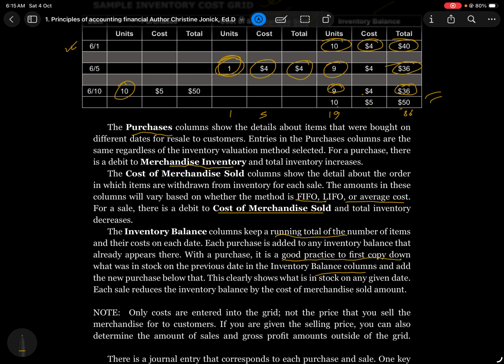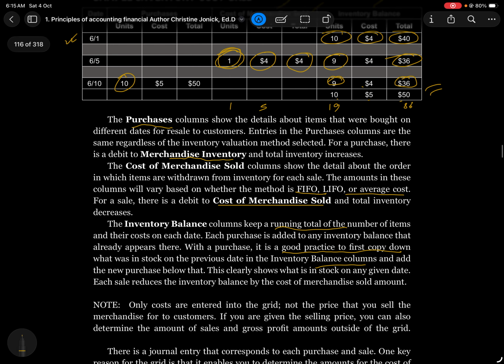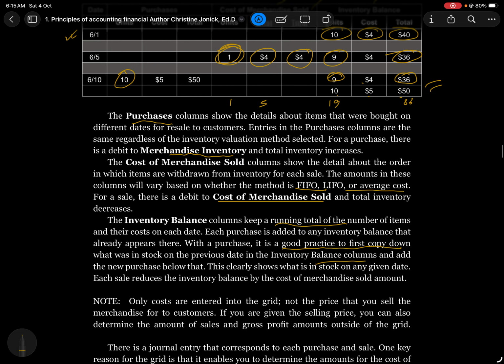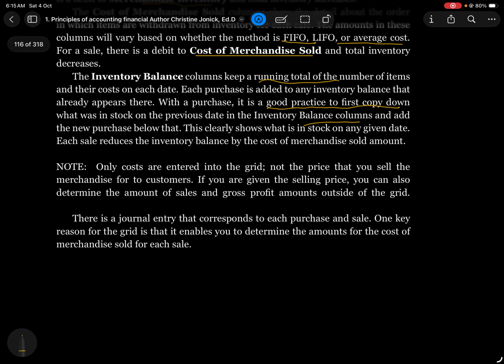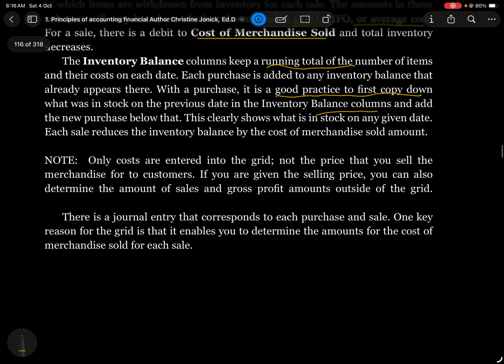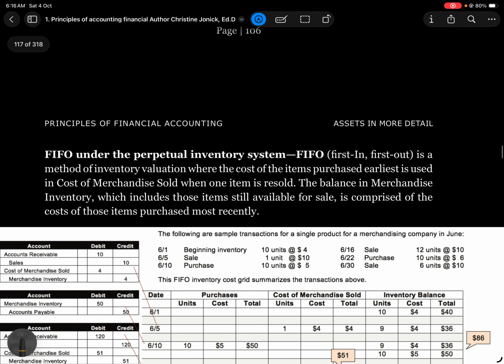Next, of course, there are all these journal entries that happen when you purchase or sell, right? That takes place as well.